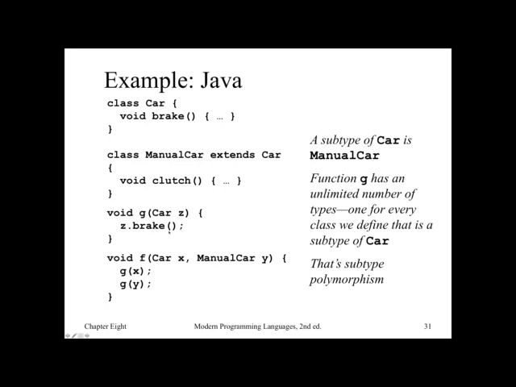Okay. Now down here comes this function F that gets passed a generic car that it calls X, and a manual car that it calls Y, and then it calls the brakes on X, calls the brakes on Y. So it passes X in to this G function, which then calls for X his break method, which is going to be up there.